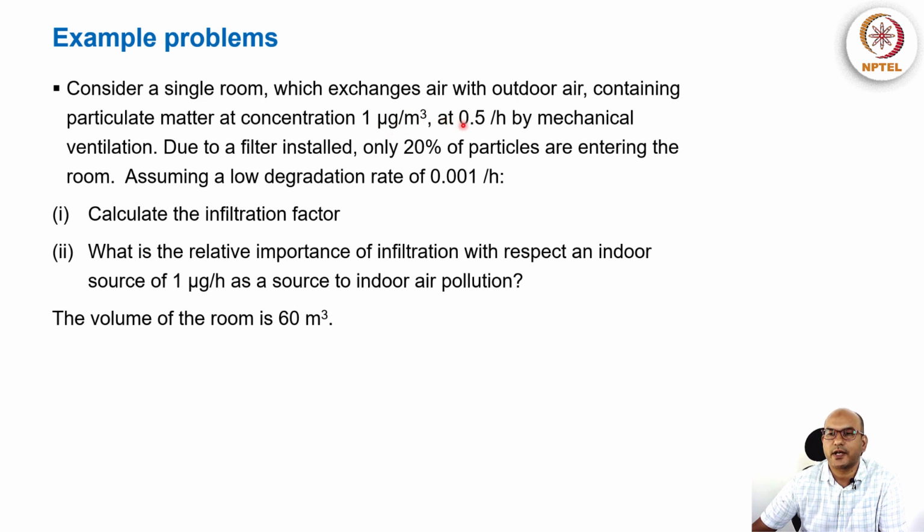The exchange is 0.5 per hour by mechanical ventilation. Due to an installed filter, only 20% of particles are entering the room. That means the penetration efficiency is only 20%. Only 20% come in. Then, assuming a low degradation rate of 0.001 per hour, the first task is to calculate the infiltration factor. So let's do that first.